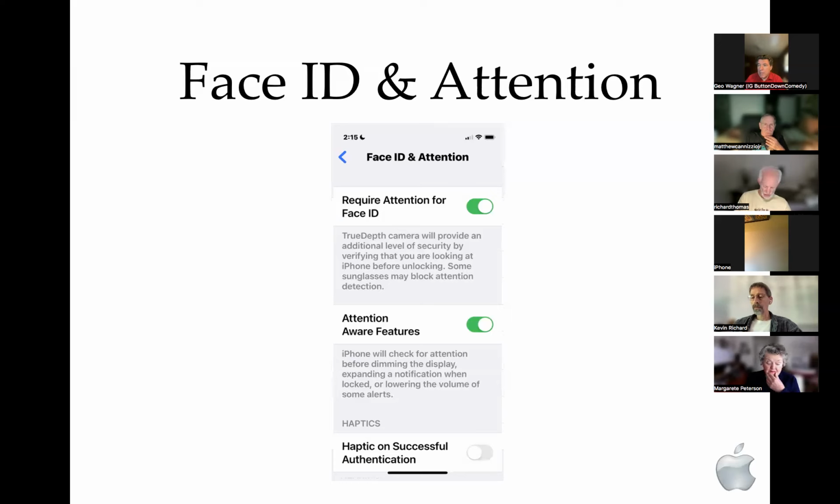The bottom one, haptic on successful authentication, all that does is give you that little vibration so that you know it was successful in identifying the Face ID. But I do like the attention features because they save me a little bit of frustration with the dimming and add that level of security.